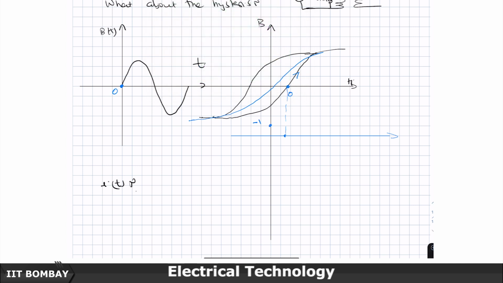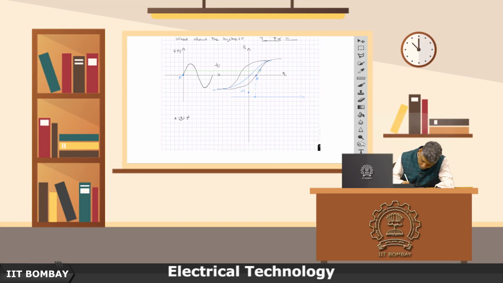This is my first point, and I get the value of H, and I plot this current here.